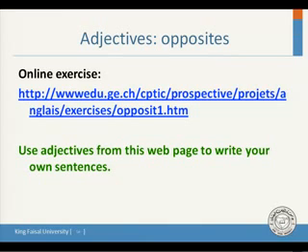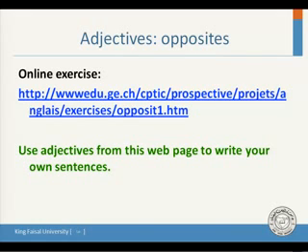On this slide, you can see a web page address. It's also about adjectives and the opposite of adjectives. On this web page, you can learn a lot about adjectives and their opposites. And there is an exercise that you can do.